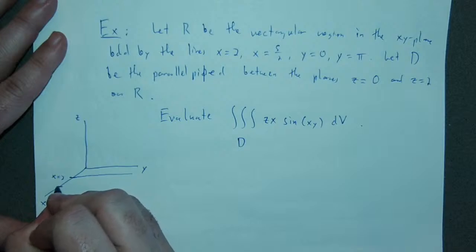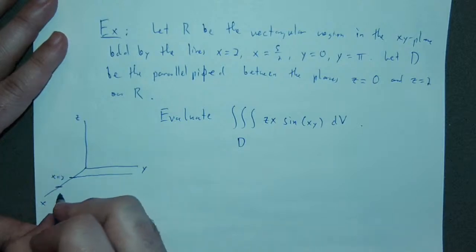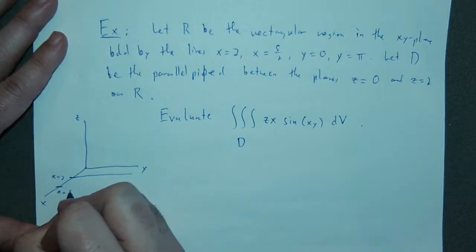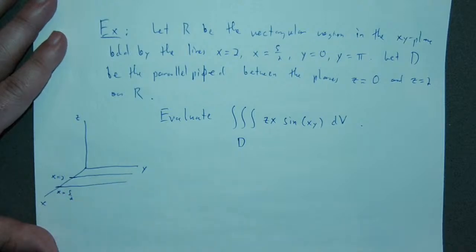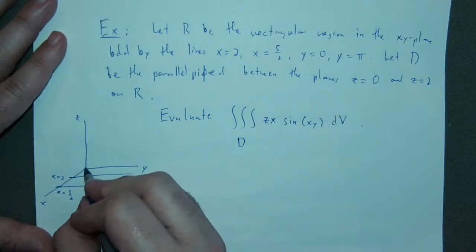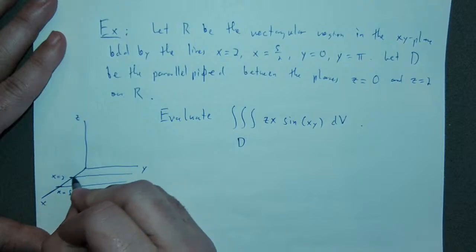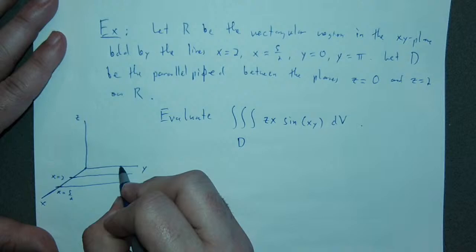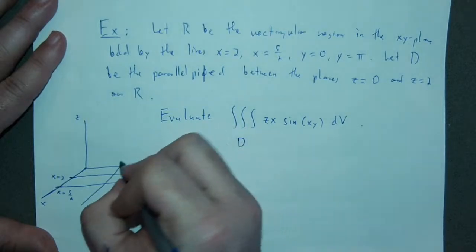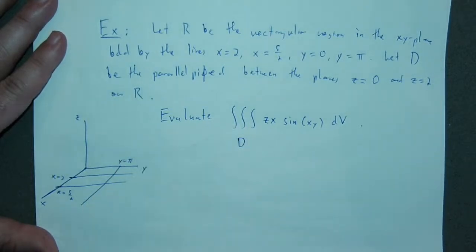This isn't to scale, but it makes our picture look sensible. Y equals 0 is just the x-axis, so we've taken care of that. Y equals pi is another line, maybe there.